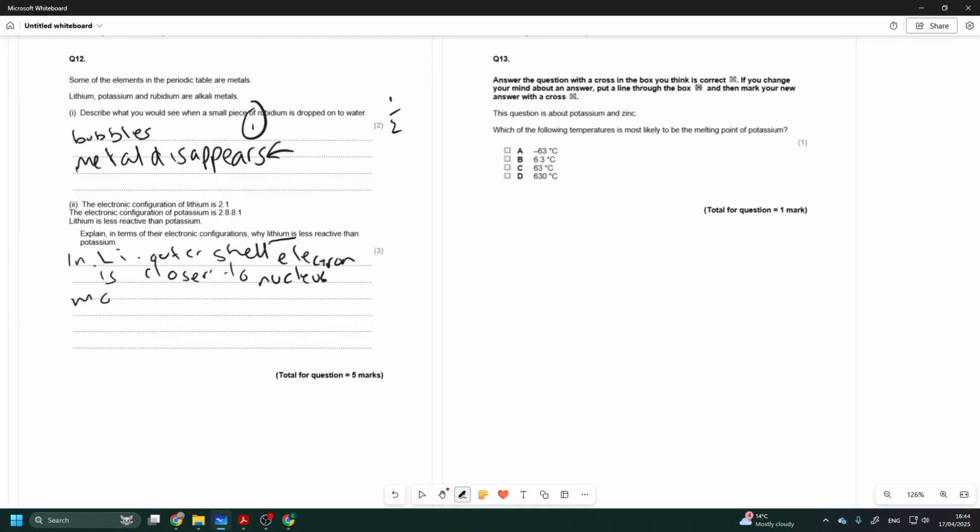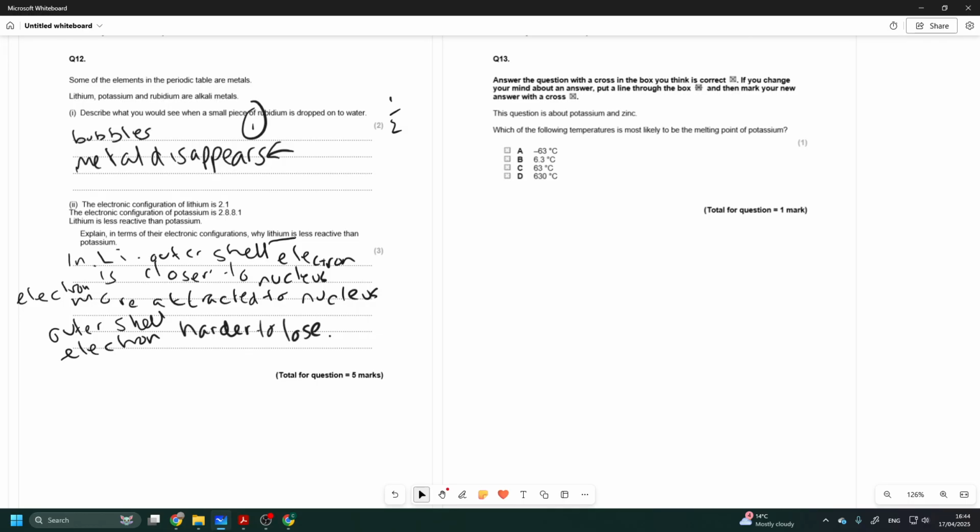Therefore it's more attracted. So again, I'm always telling you not to just say electron. The electron is more attracted to the nucleus, therefore the outer shell electron is harder to lose. There you go, 3 marks.